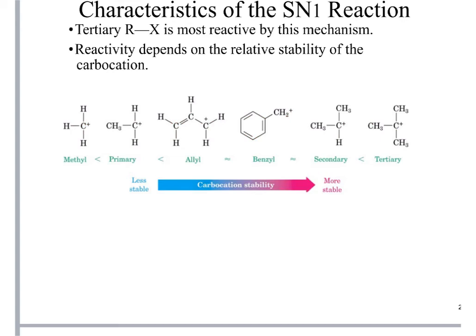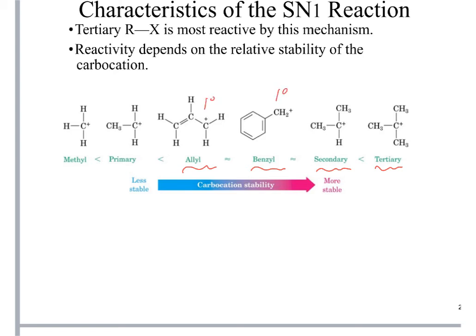So the relative order of reactivity is that tertiary will be much more reactive than secondary alkyl halide, and the resultant carbocation is about just as reactive as the benzylic carbocation and the allylic carbocation of the primary type.